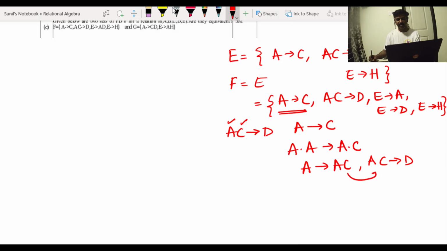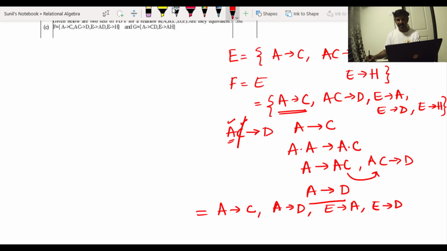So you can eliminate the middle part and you get A arrow D. So D can be determined only from A, you don't require C. Okay, so I have eliminated C. So what we are left with is A arrow C. AC arrow D is eliminated, so we get only A arrow D. Then we have E arrow A, E arrow D, then E arrow H. Now A arrow C, A arrow D can be clubbed as A arrow CD, and E arrow A, E arrow D, E arrow H, all these three can be clubbed as E arrow ADH.